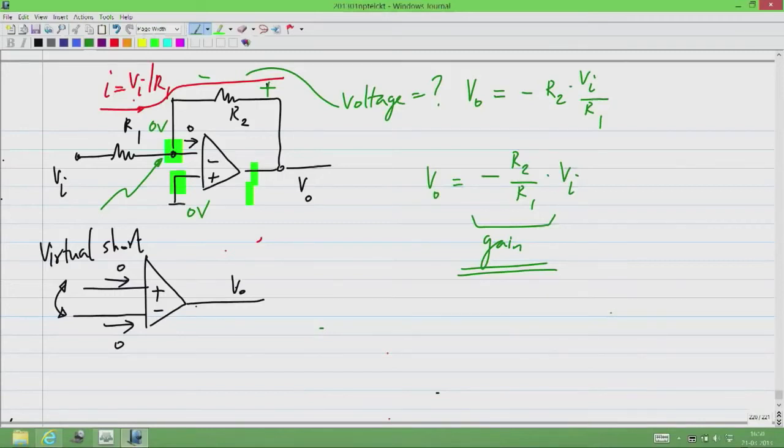Any questions? Any questions about this circuit?